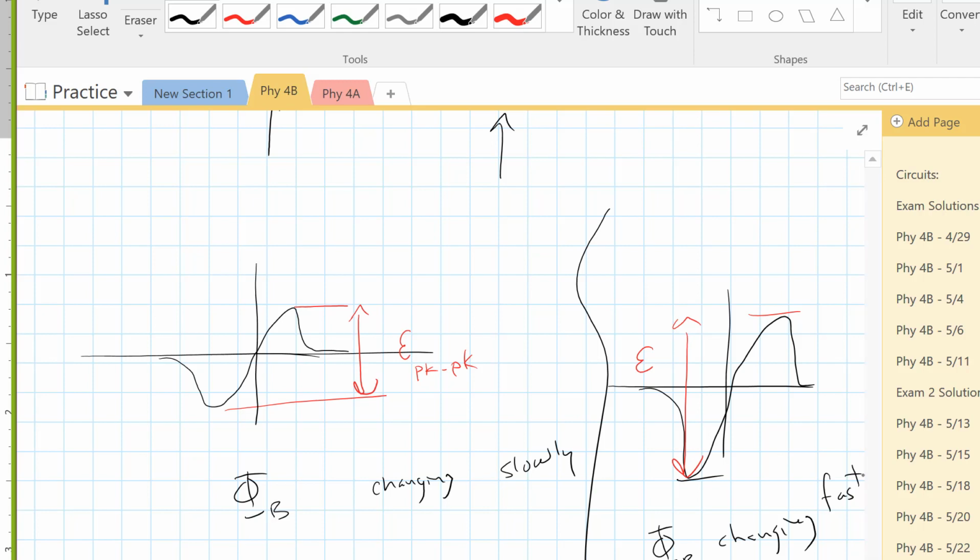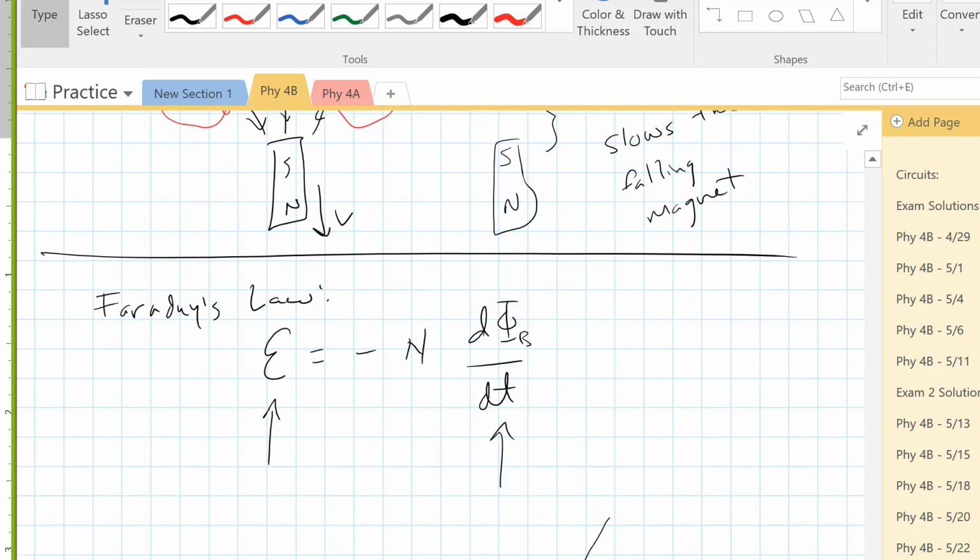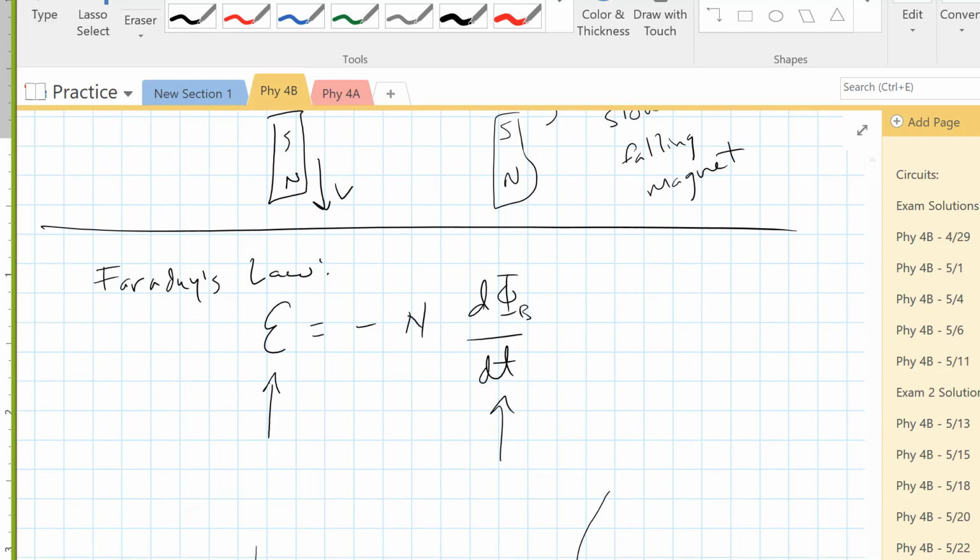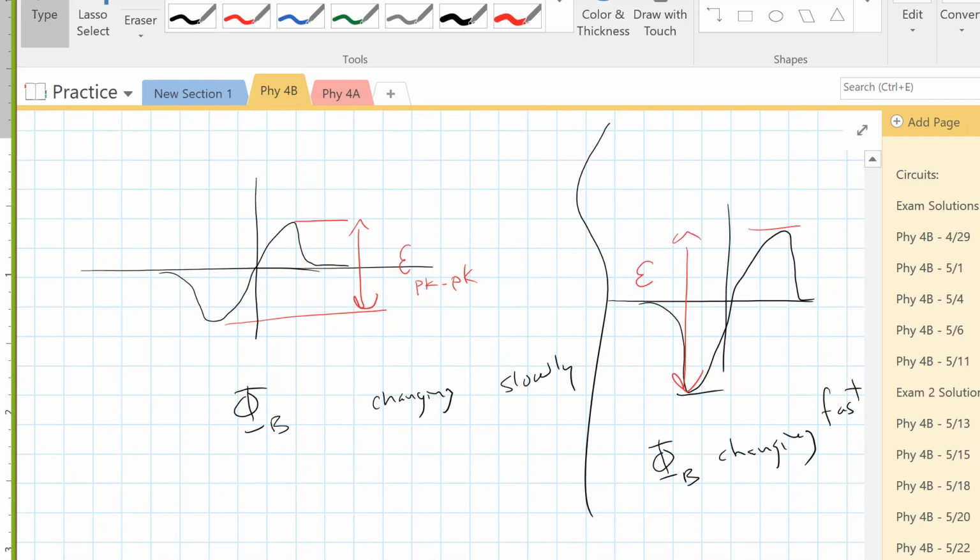You see that? Because the EMF is proportional to the rate of change of the flux. Well, how can we get the flux to change at a faster rate? We make our magnet go faster through the loop, right? You see that? We just make the magnet go through the loop faster. Well, how do we do that? We drop it from a higher height.